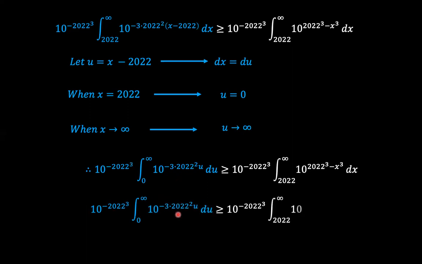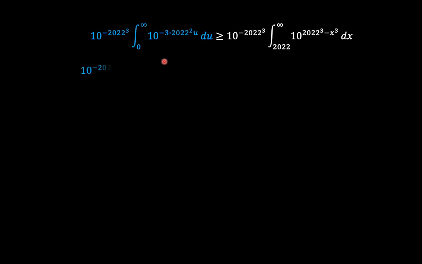And so one other way is to express this in terms of the exponential, the e formality, because that allows us to easily integrate this left-hand part of the inequality. Any number is the same as e to the power of the natural logarithm of that number. So how we've done that is to replace 10 to the power negative 3 times 2022 squared u with e to the power of the logarithm of that same number.